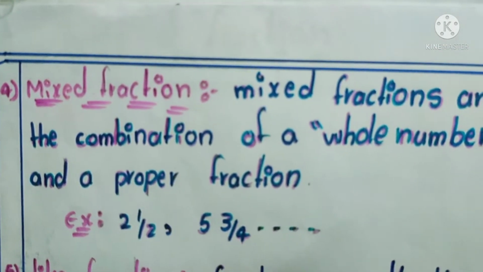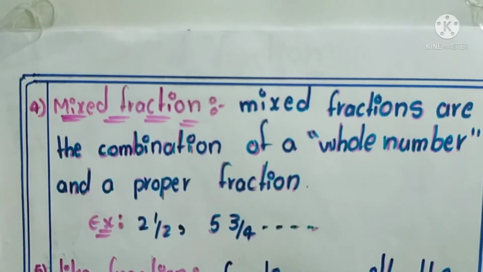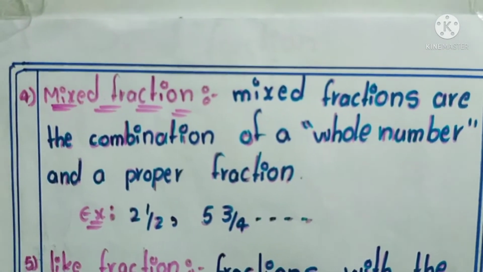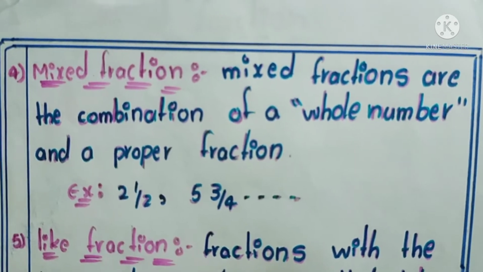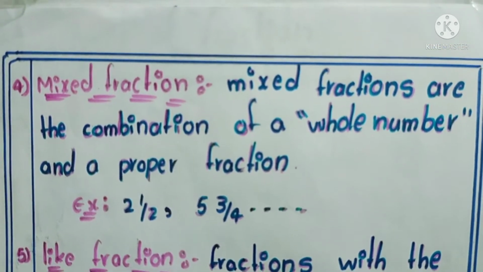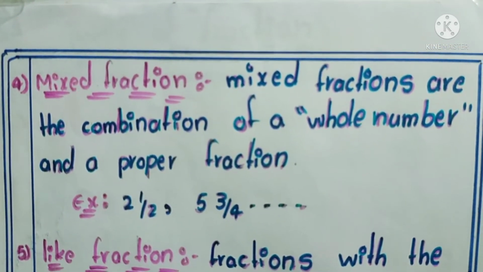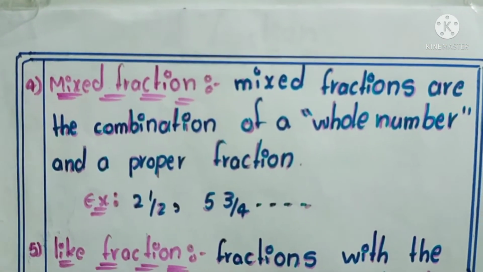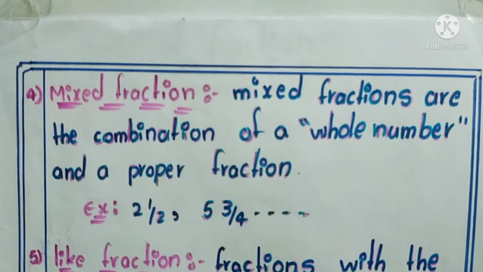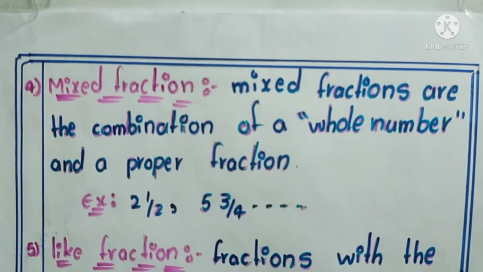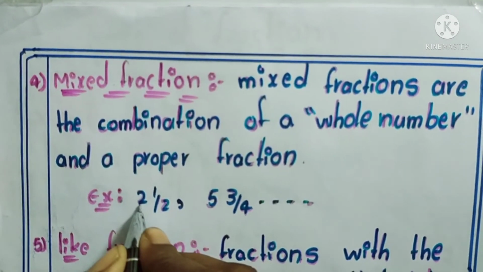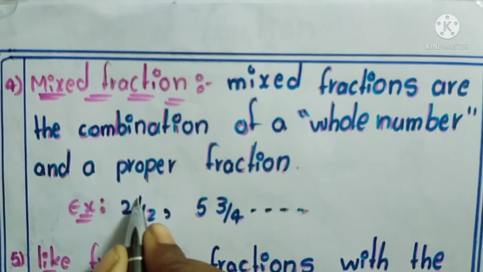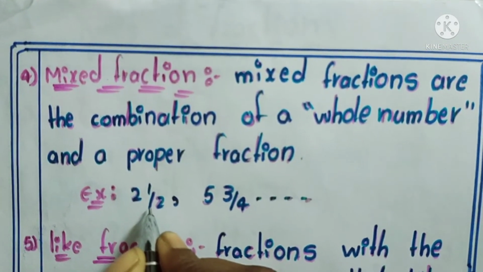Now tell the mixed fraction. Mixed fractions are the combination of a whole number and a proper fraction. Here, 2 is the whole number, 1 by 2 is the proper fraction.